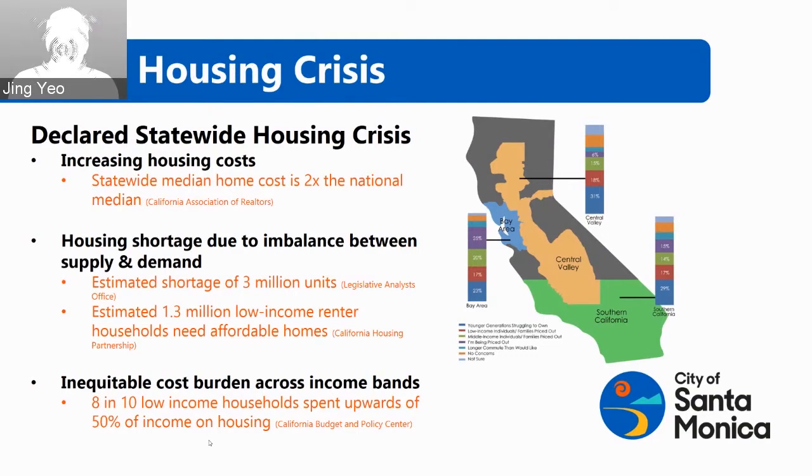And there's tremendous inequity in terms of cost burden across various income bands. Households at the lower incomes are disproportionately affected, and it's about 8 in 10 low-income households spend upwards of 50% of their income on housing costs. And you can see there the graphic on the right.